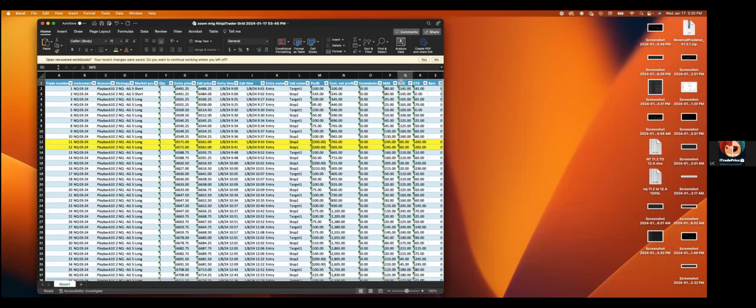I'm looking at the MFE and the MAE, which, if anyone on here doesn't know, is the maximum favorable excursion, meaning how far in profit it went, and the maximum adverse excursion is how far against you it went.